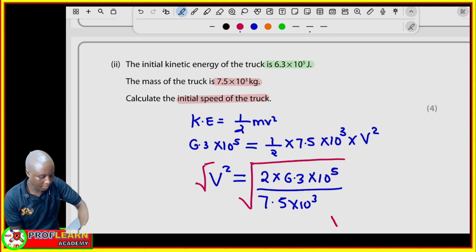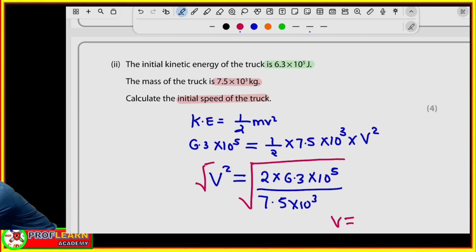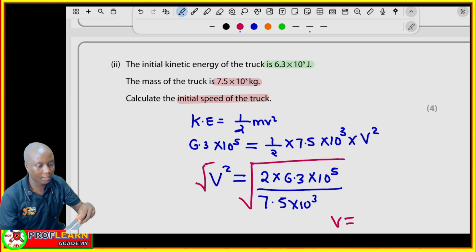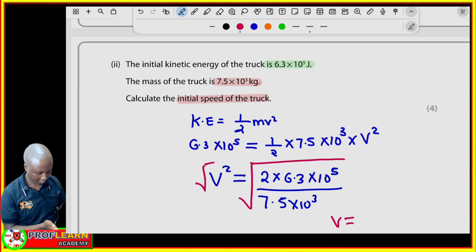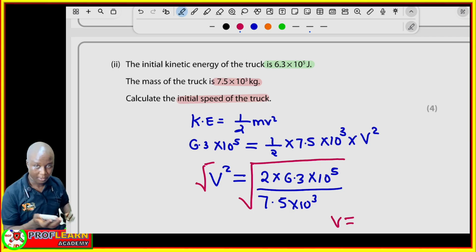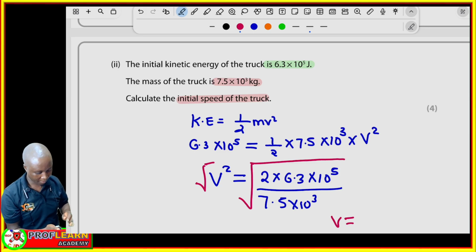So we are going to plug that into the calculator, and you have to ensure that you place everything in the calculator properly: 2 times 6.3 times 10 raised to power 5 divided by 7.5 times 10 raised to power 3. If you just put it like that, our answer becomes 12.96.